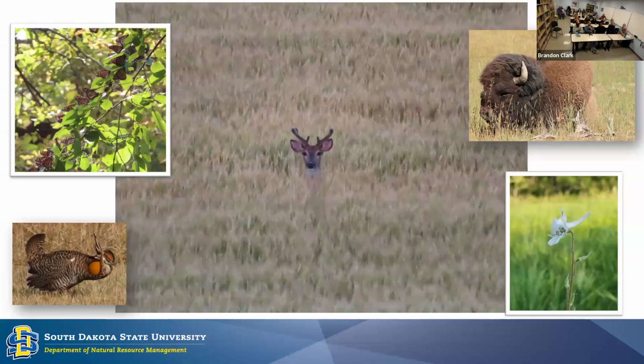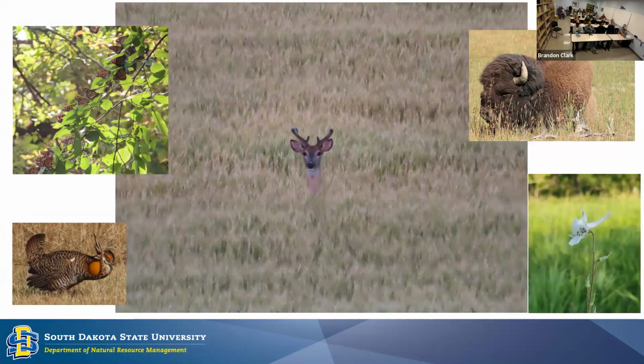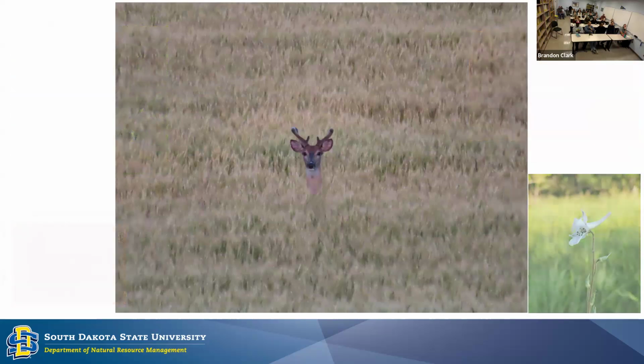These plants and wildlife have obviously lived and evolved in this ecosystem, relying on its resources for food and habitat for millions of years. But if we lose these grasslands, it's not too far off that these species will also disappear with those grasslands.